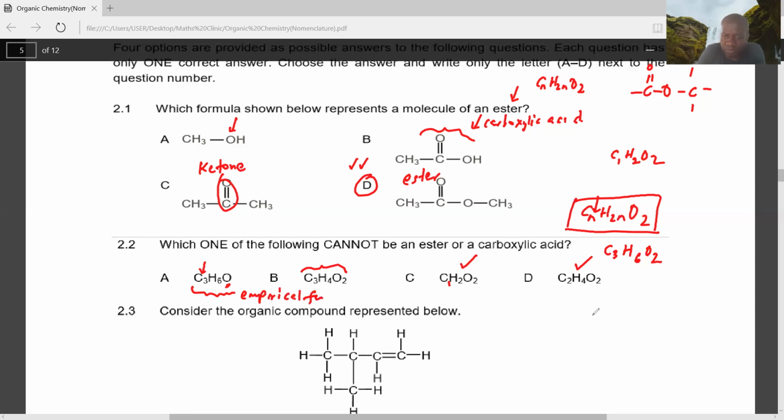If you multiply by 2, it will be C6H12O2, which if we divide by 2, this will be an empirical formula of either an ester or a carboxylic acid. But they did not mention it, because they said which of the following cannot be an ester. So it means this can be an ester, but as an empirical formula. And not necessarily, I think the answer is this. The answer is B, cannot be. The answer is B.